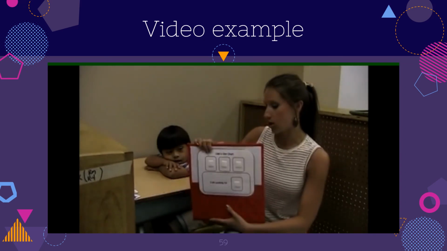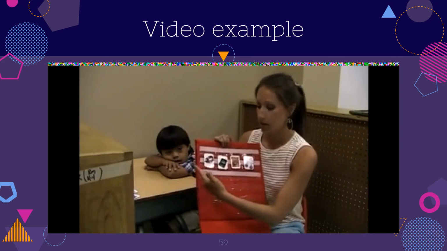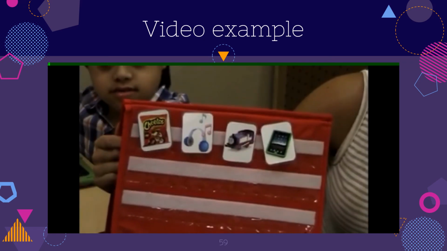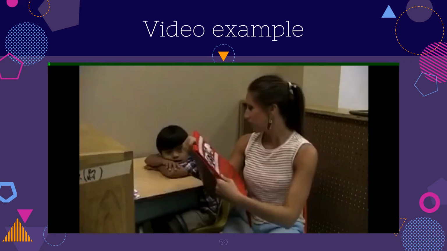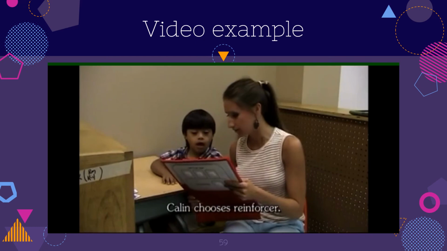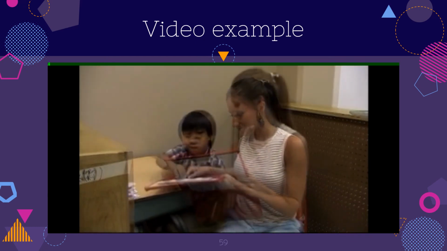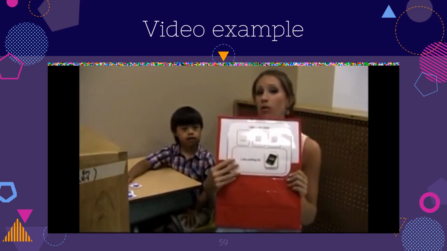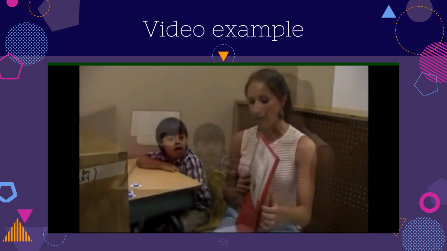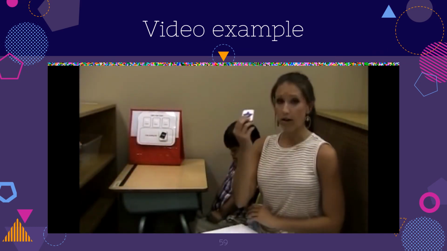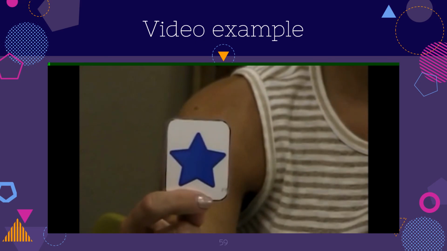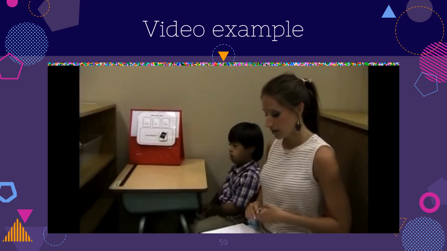Now, first I will start by showing Callan his choices of backup reinforcers that he could work for. Callan, what do you want to work for today? Okay, so Callan will be working for the iPad today. Callan will earn 1 star token for each of these jobs that he completes.